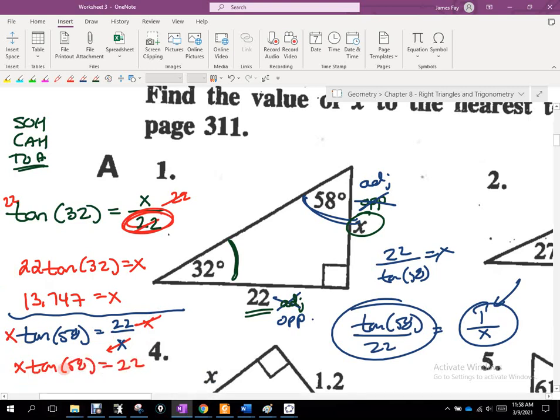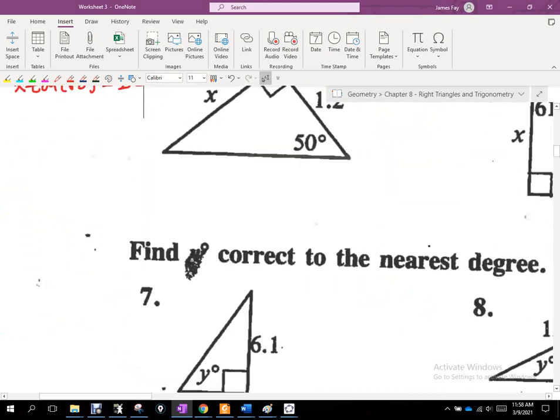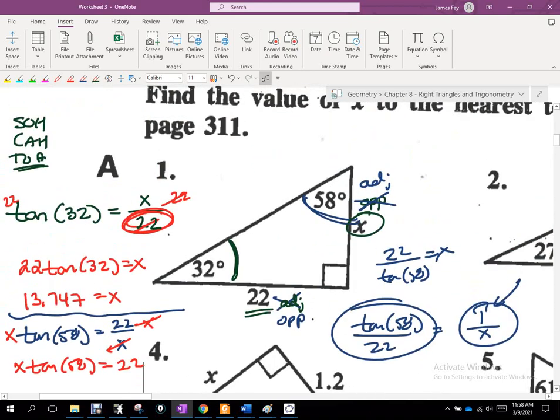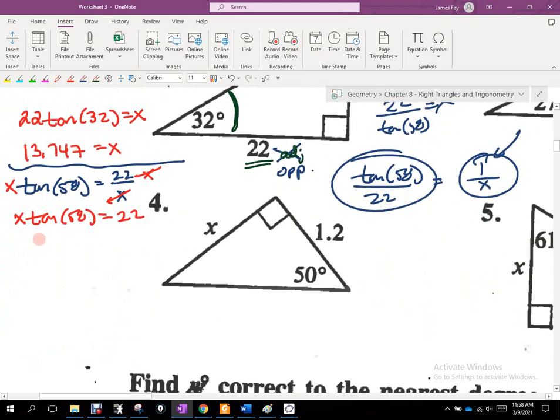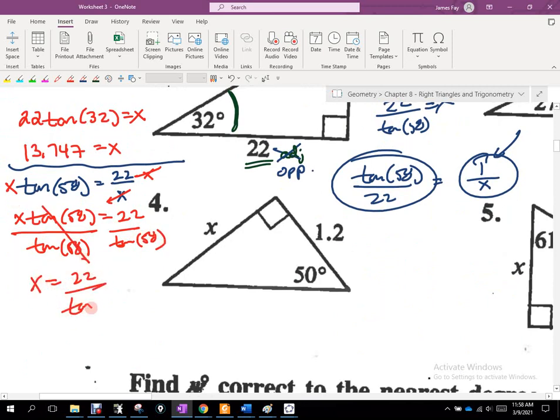And now how do I get x by itself? Here's where I would divide by the tangent of 58. Does that make sense? Now divide by tangent 58. Those will cancel, giving me the same thing that we found right there.